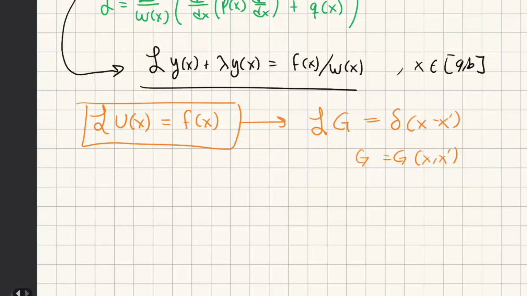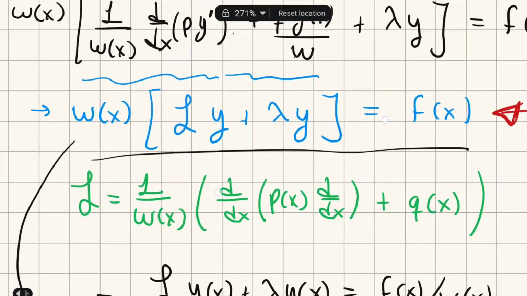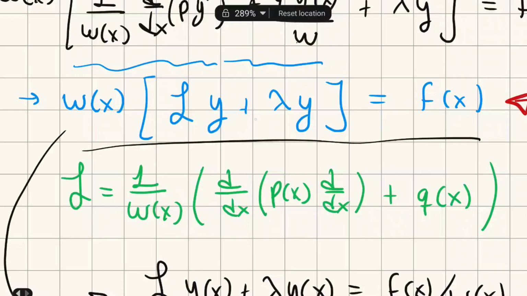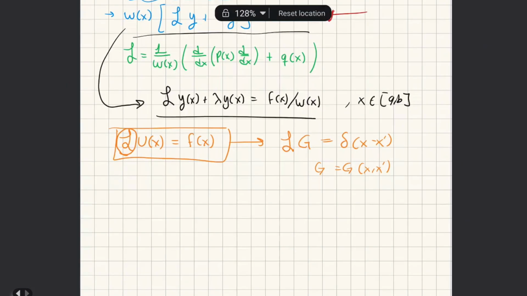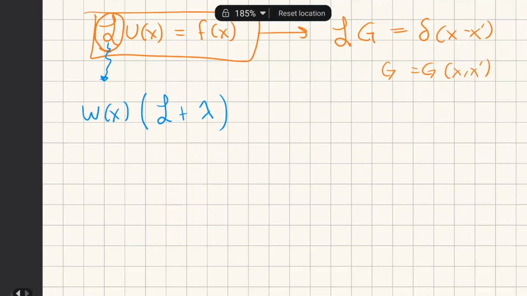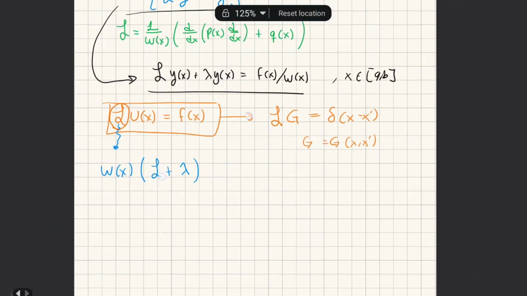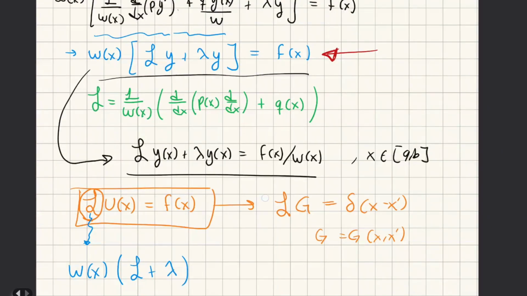Like I mentioned, this operator that we have here is not necessarily the Sturm-Liouville operator. From this differential equation, we can see that we have a similar structure. So if we see this L as w of x times L plus lambda, this is the operator that is being applied to the y, right?